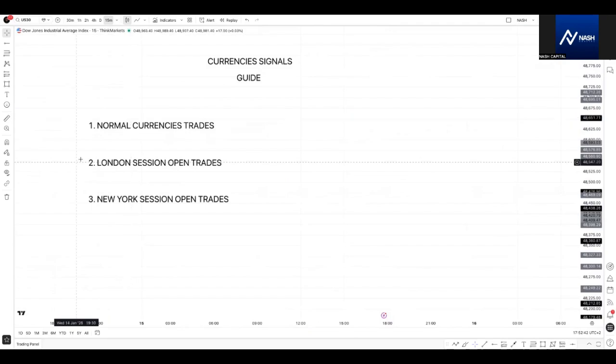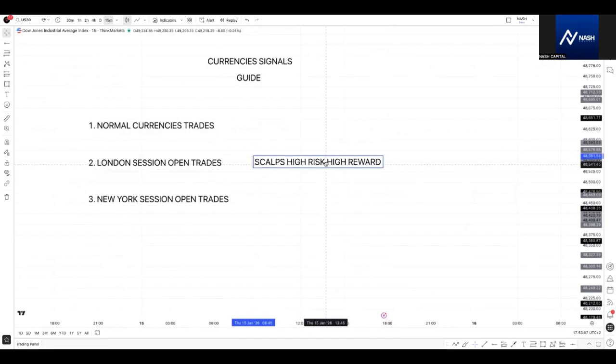Then we have what we call London session. London session open, this is high volume scalps. These trades, we're taking a high risk and a high reward. It's hard for me to send it as a signal, as a callout with entry points and so on.